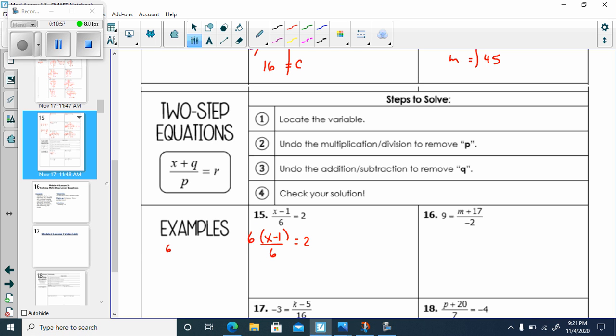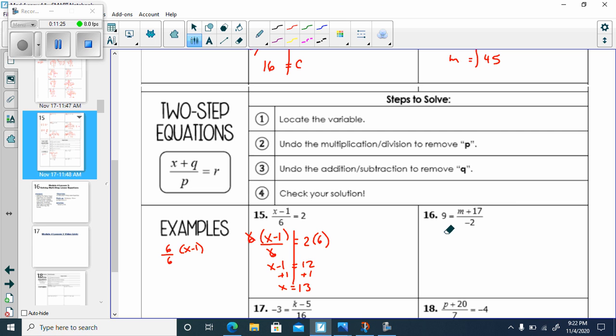If I do that, I'm going to wind up with 6/6 times x minus 1. 6/6 is 1. So I'm getting rid of this. What I do to one side, I do to the other. I've multiplied that by 6, so I multiply this by 6. I now have x minus 1 is 12. Let's add 1 to each side, and x is 13.